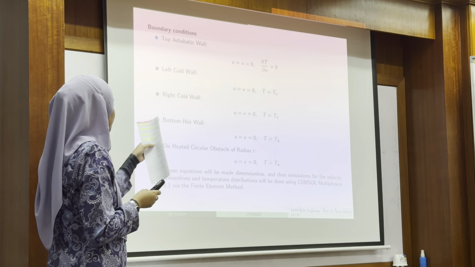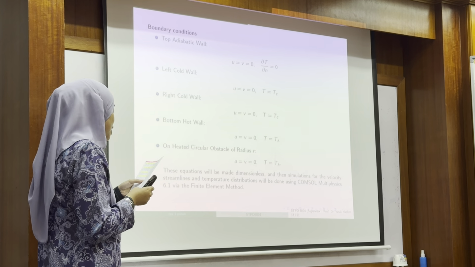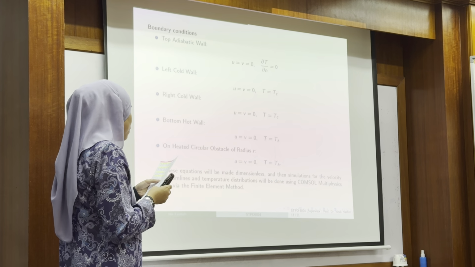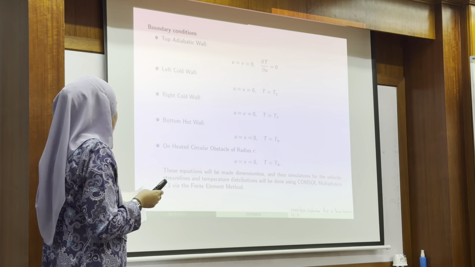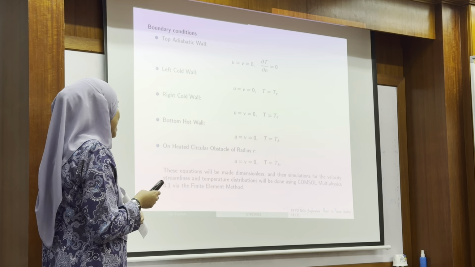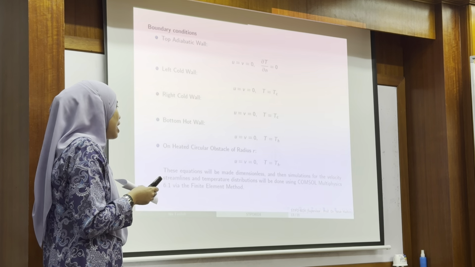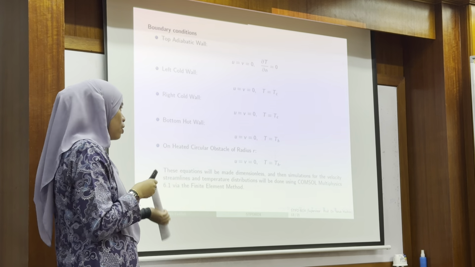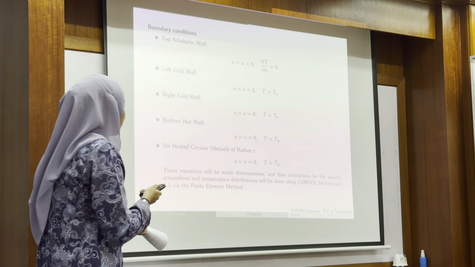For the left wall, the no-slip condition is also applied, and this setup allows us to study how cooling from the vertical walls interacts with heating from the bottom wall and circular obstacle. So these equations will be made dimensionless, and then the simulation for the velocity, streamlines, and temperature distribution will be done using COMSOL software via the finite element method, FEM.